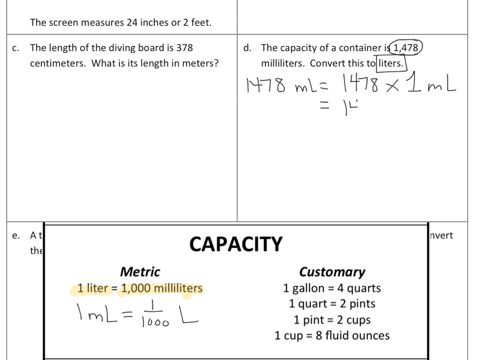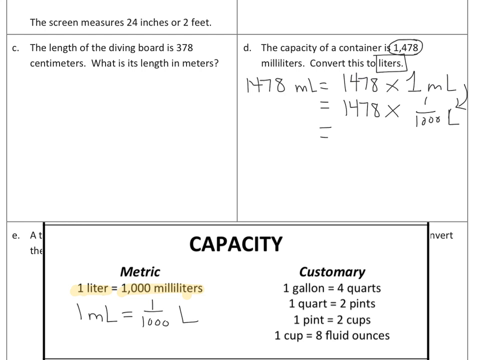Now ready to do the next line. So you're going to do 1,478, and you're now going to convert this 1 milliliter into just normal liters. Well, 1 milliliter is smaller than a liter, so this is going to be a fraction. It's going to be 1/1000th of a liter.